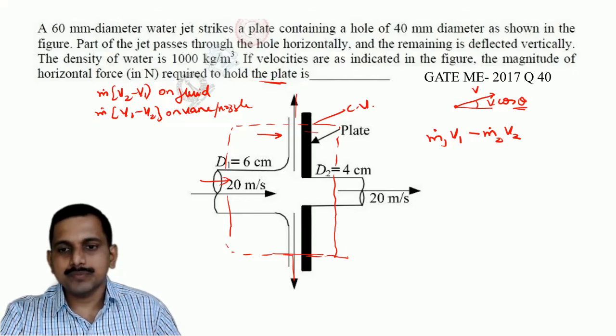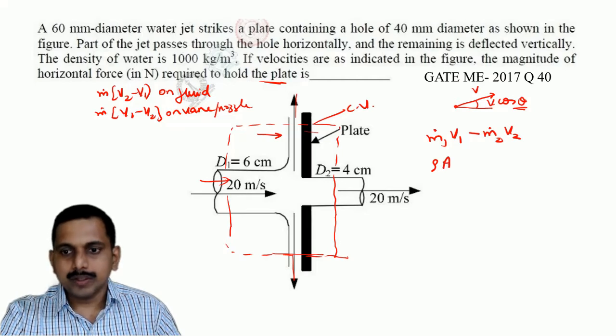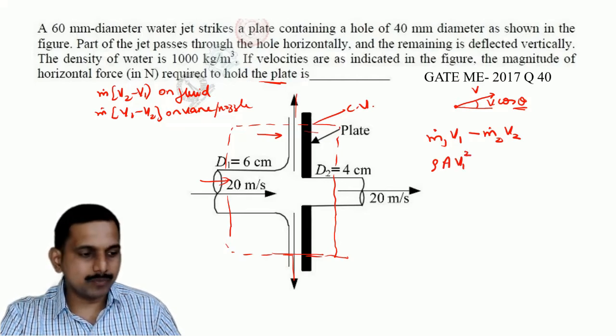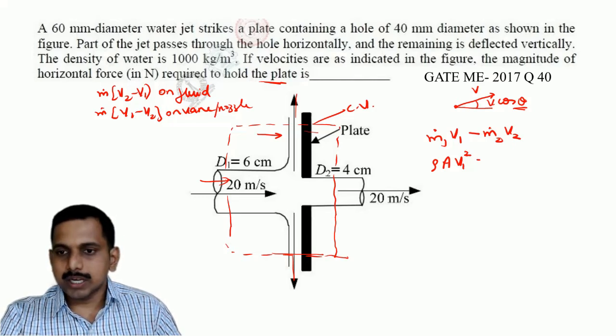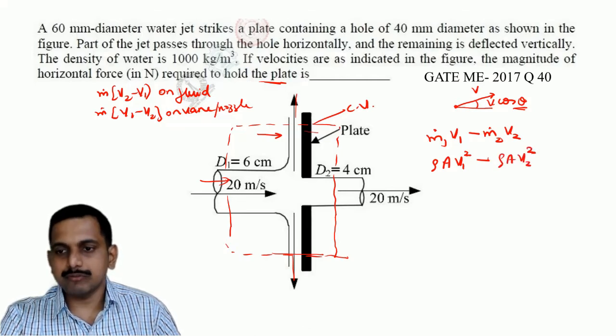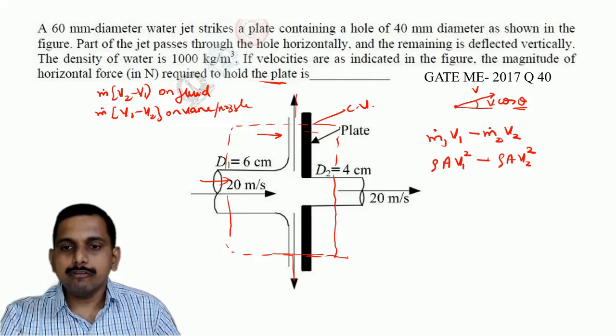Now what is m1? m1 is rho area into v1, and then there is one more v1, so v1 square. Another one on the other side, m2, is rho into area into v2, and another v2 is there, v2 square. So this is the force which is applied on the vane.